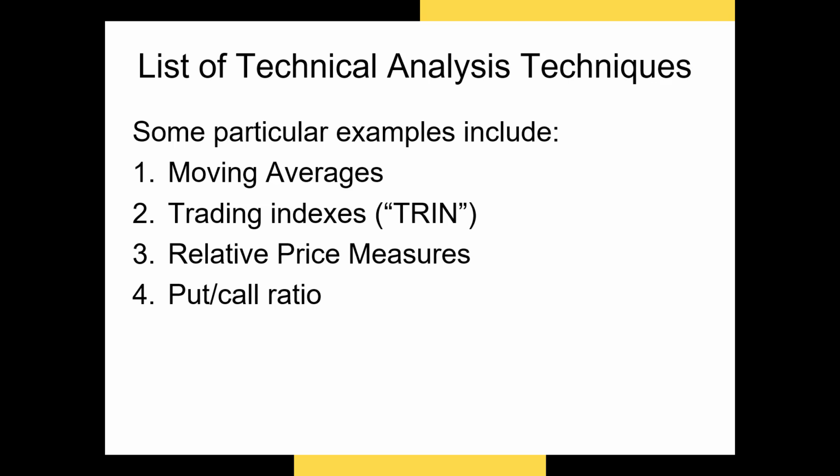Next, we have relative pricing measures, or RPI, and there's a couple of these, but they essentially tell us how the returns of one stock or one indicator or one ETF or one mutual fund have performed relative to another. And then finally, we have the put-call ratio, and that tells us another measure of investor sentiment.